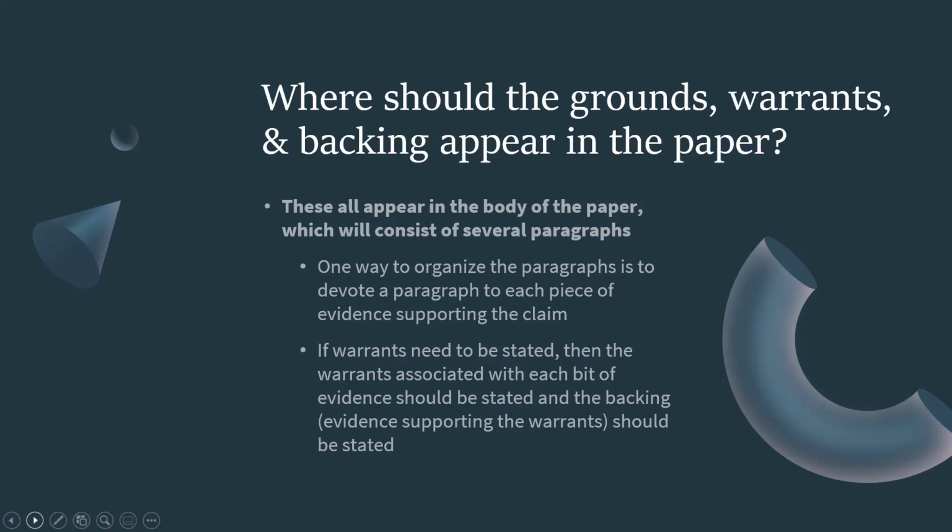But where should the grounds or the evidence, the assumptions, and the evidence backing up those assumptions appear in the paper? Well, all of these will appear outside the introduction, outside those introductory paragraphs where you make the thesis statement in the form of an enthymeme.